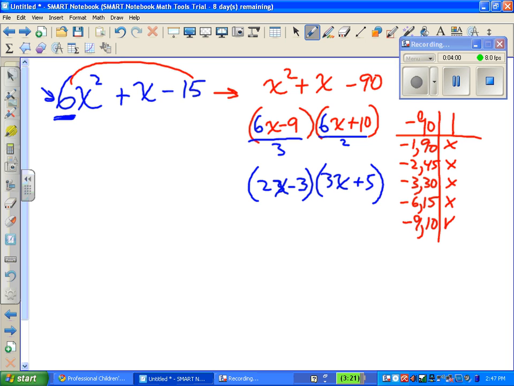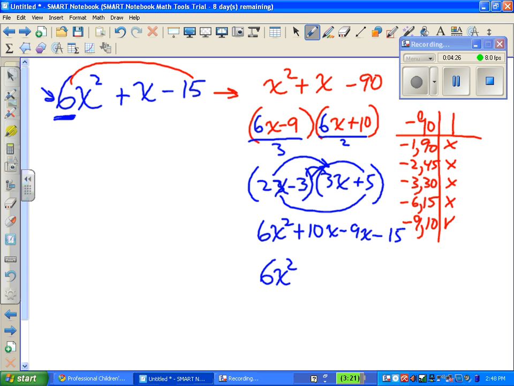If we FOIL this back, let's see what we get. 6x squared plus 10x minus 9x minus 15, but this simplifies to 6x squared plus x minus 15.